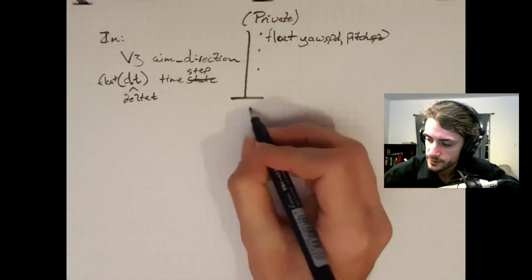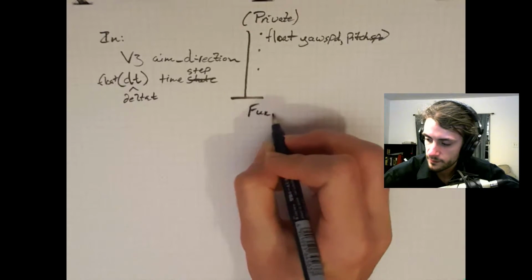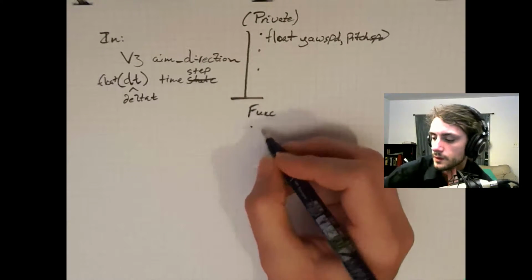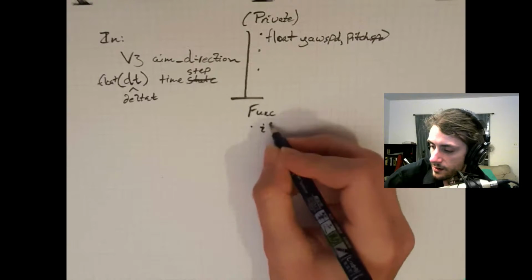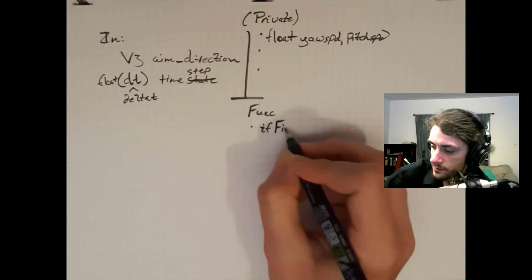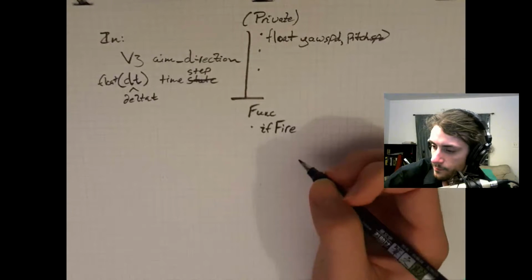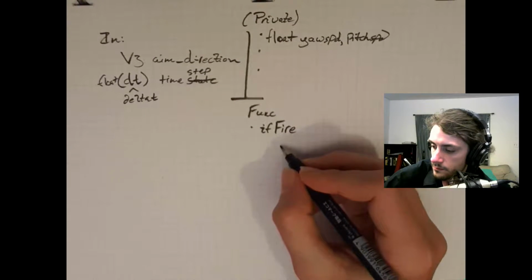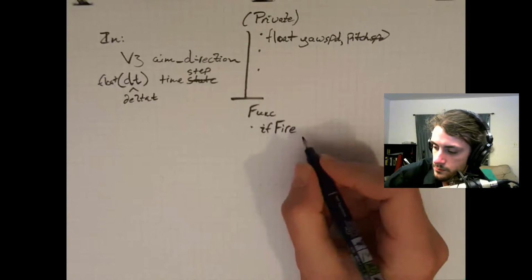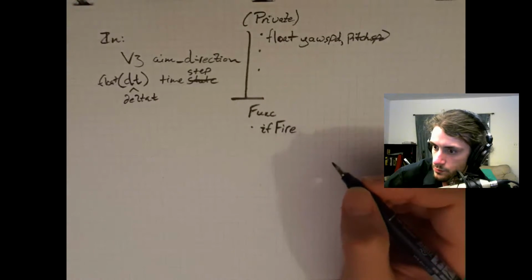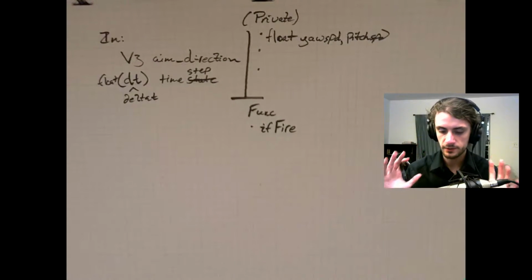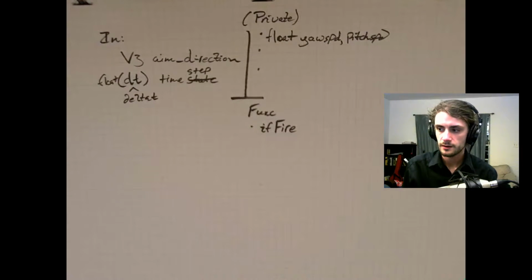Some functions that we're gonna have are gonna be like an if firing or on fire, which will be called on update when a controller that's outside of the turret script is telling it to fire.